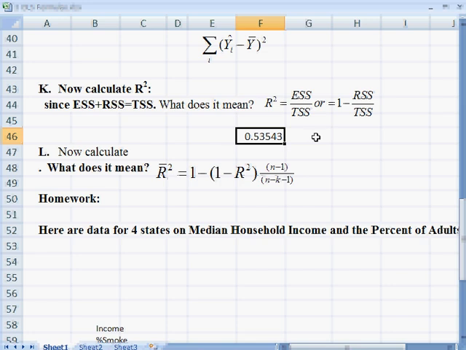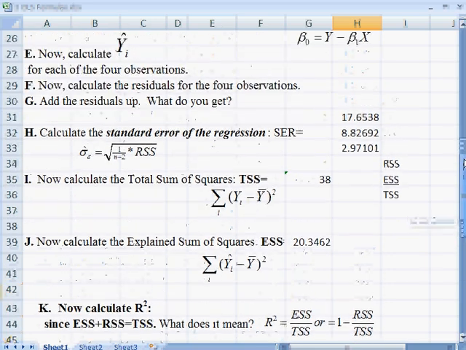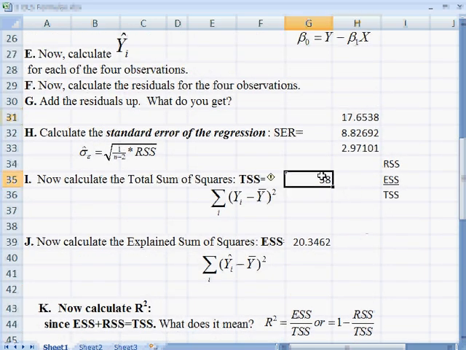53.5% can be explained. Another way to calculate it is 1 minus the residual sum of squares over the total, or 1 minus 17.65 over 38.